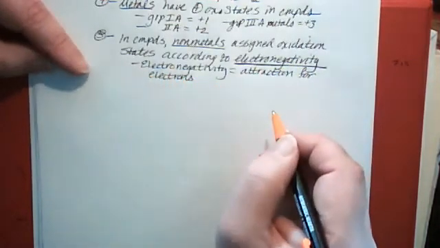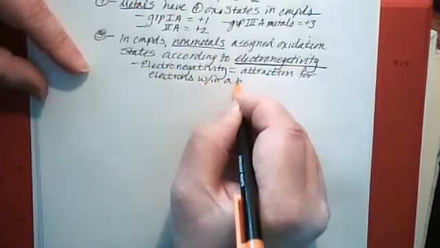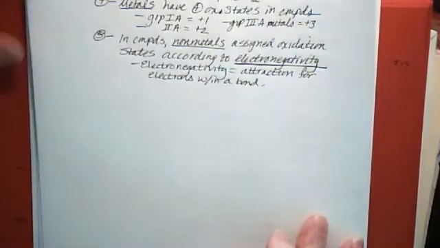First of all, what electronegativity is, is an attraction for electrons within a bond. So some nonmetals have a stronger attraction for electrons within a bond than others do. But generally, all nonmetals have a fairly strong attraction for electrons within a bond. It's just that some are stronger than others.